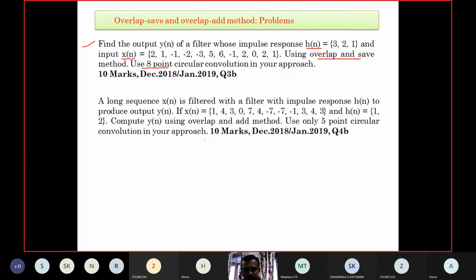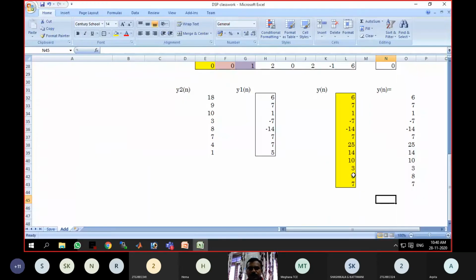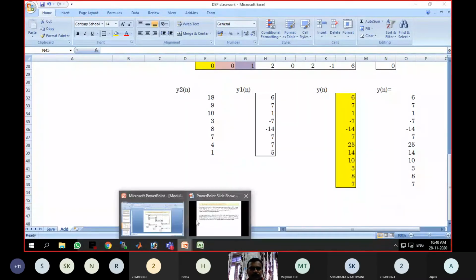Here they have initially given that the size of each block is 5. The size of each block, N, they have given. So let me go for that.